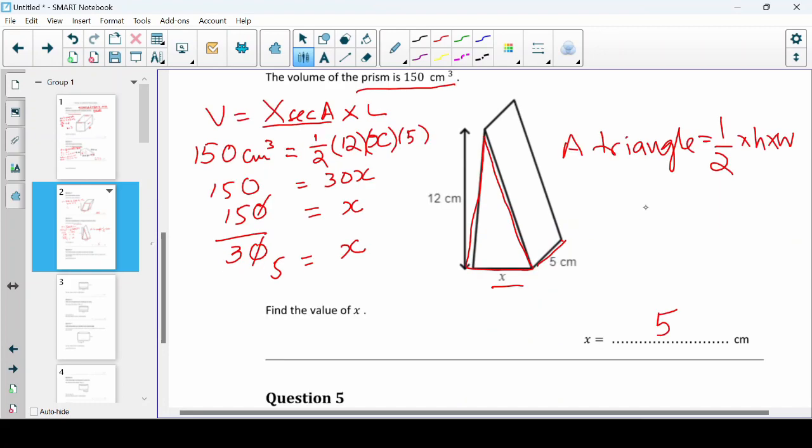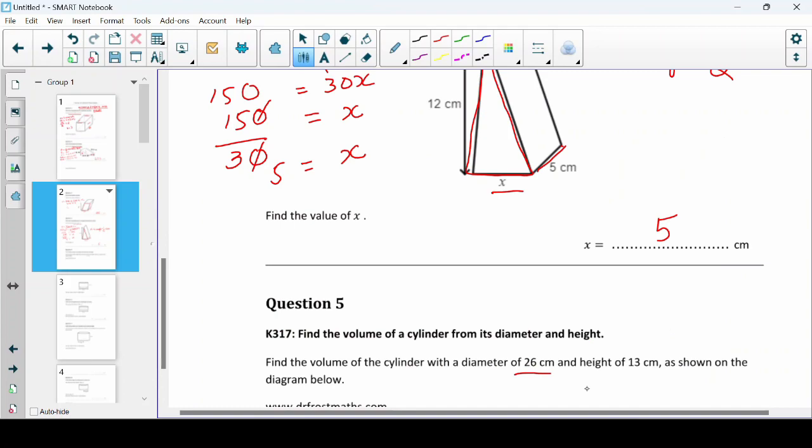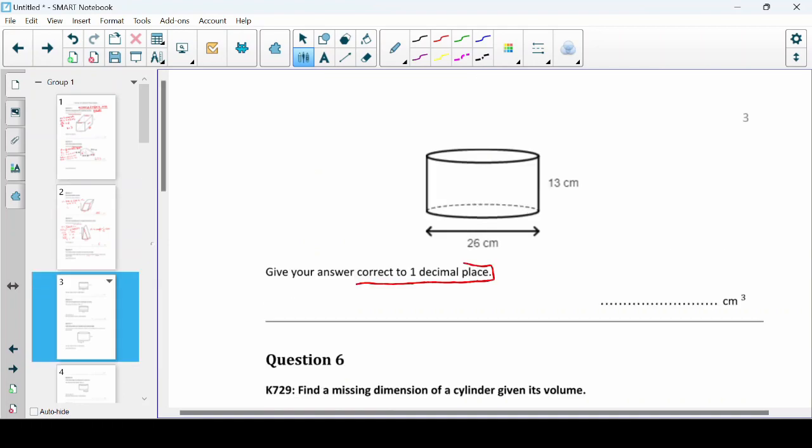And question number 5, find the volume of the cylinder with a diameter of 26 centimeter and height of 13 centimeter. We have to find the volume of this cylinder and give our answer correct to one decimal place. The volume of a cylinder is the area of the base.